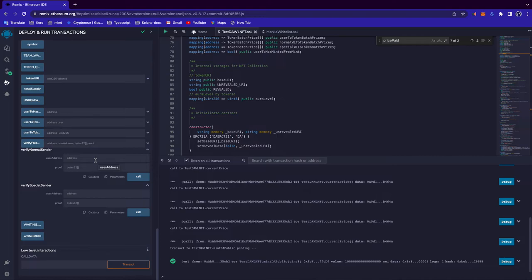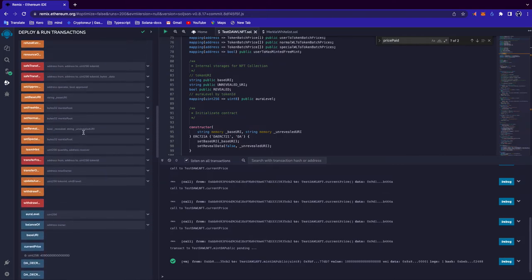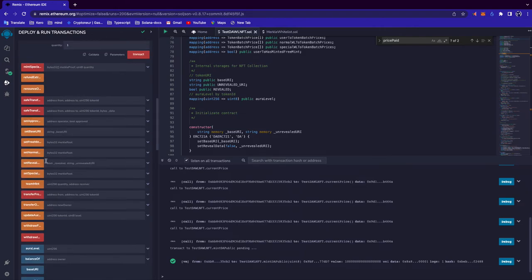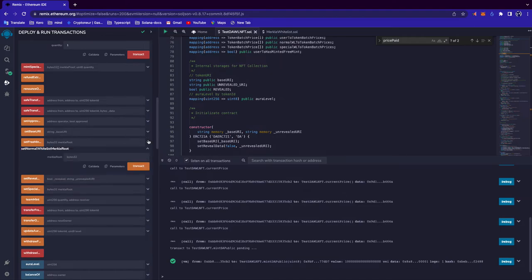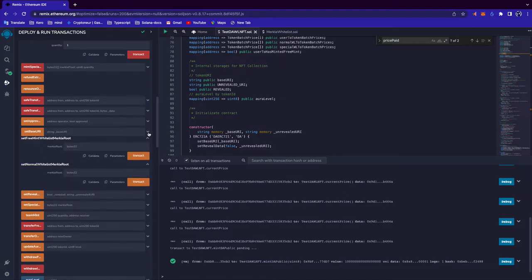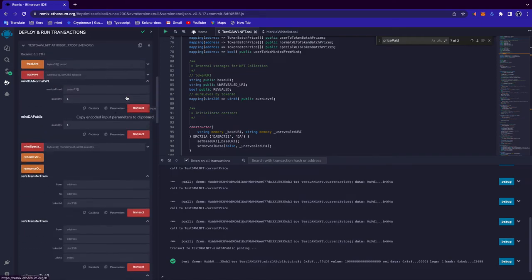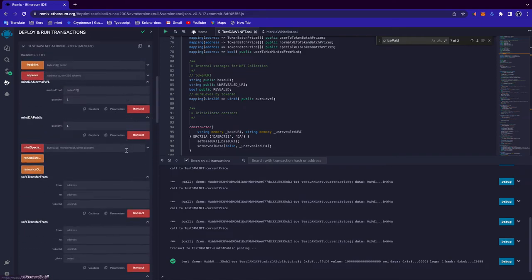So here, set the Merkle root. The Merkle root is the result of a hash tree of all whitelisted addresses.